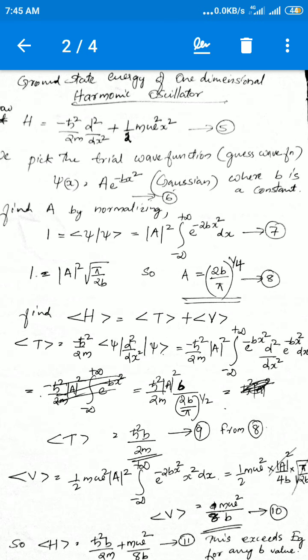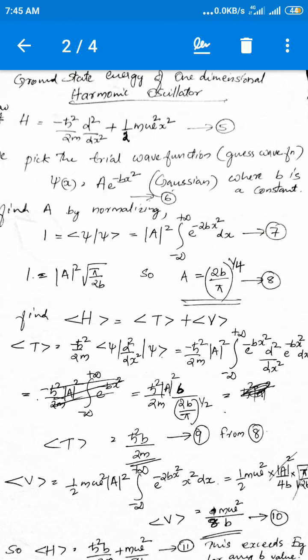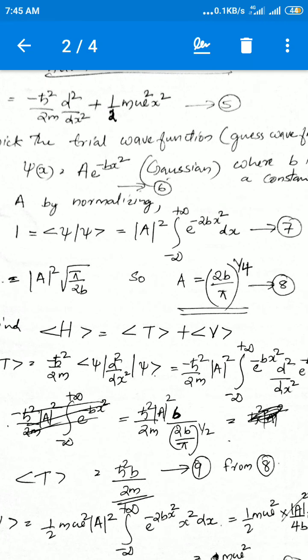So if a is complex, it should be a star a. A star a is a modulus square. A star comes from the bra psi and a comes from the ket psi. So a star a will be a modulus square, and that is a real number.